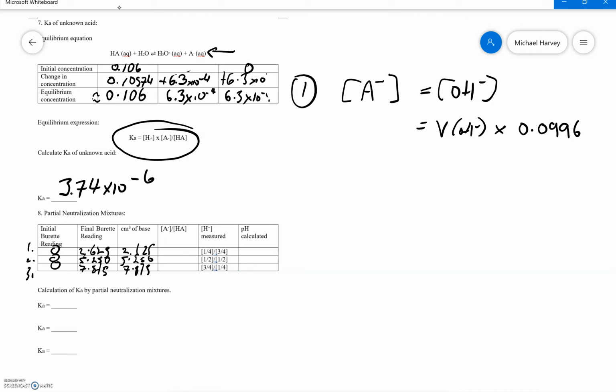Okay, and that will be all divided by the total volume.